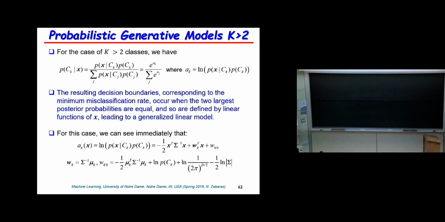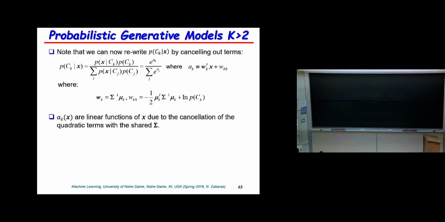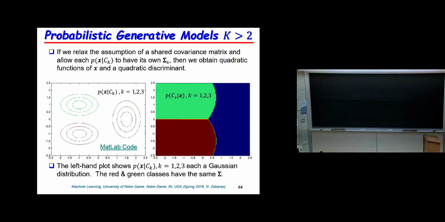That's not quite true. Alpha k is not linear here, but when you plug them in, the quadratic terms cancel out, and then you can redefine alpha k to be like that. So you don't get this directly from the Gaussian. Some terms have been cancelled out, so you can redefine alpha k to be this linear model. So we can actually work with this generalized linear model with a softmax function quite easily in many classes.